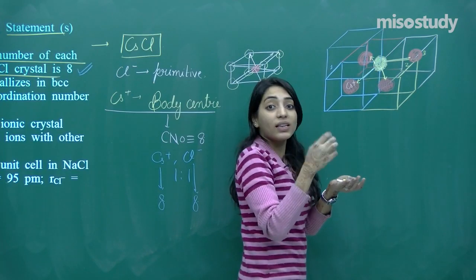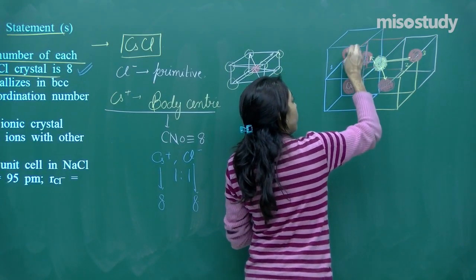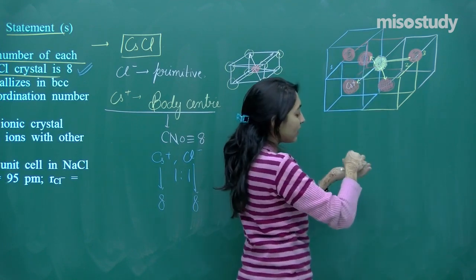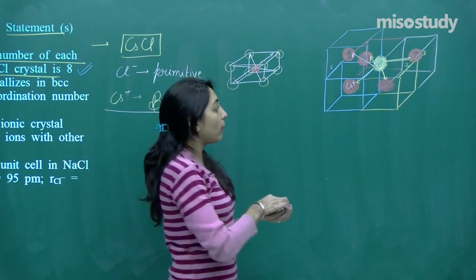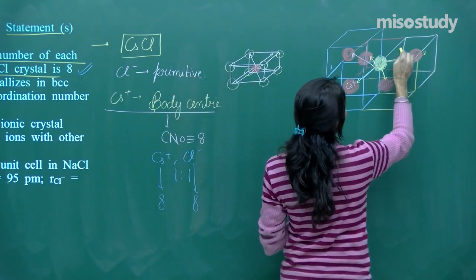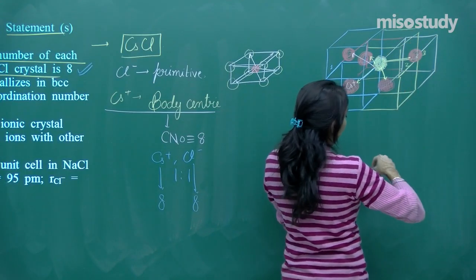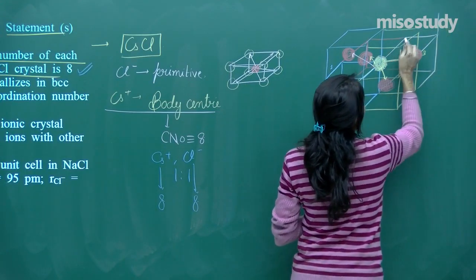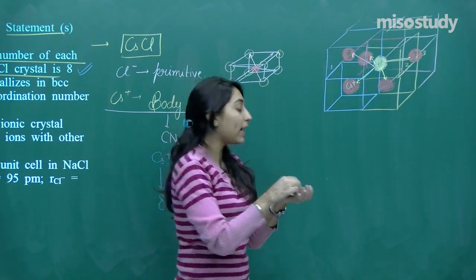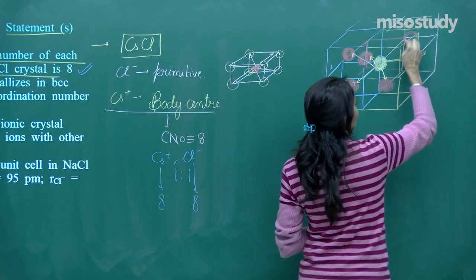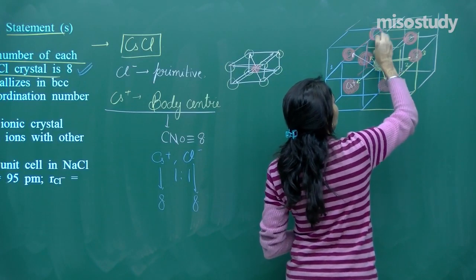And when you are drawing another blue cube on the top, there must be one cesium here. So 4 were there in the same layer, and similarly there will be 4 in the top layer. For example, for the yellow one, you can draw. Similarly for the white one also, you can draw, right? And for the pink one also you can draw. So this is for the white one, and this will be the next blue one.